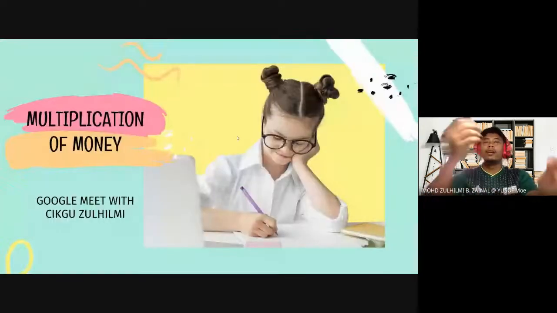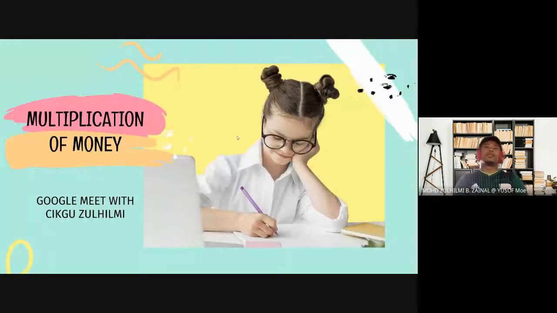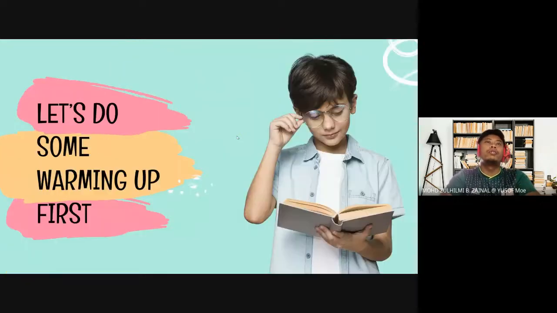Okay. Now, we move to our next topic, which is multiplication of money. Multiplication of money is one of the basic operations that you have learned already before this. The only difference is they have Ringgit Malaysia in front. Beza dia ada ringgitnya. Itu je. So multiplication ni the same rules apply. Before we start, I would like to do some warming up.